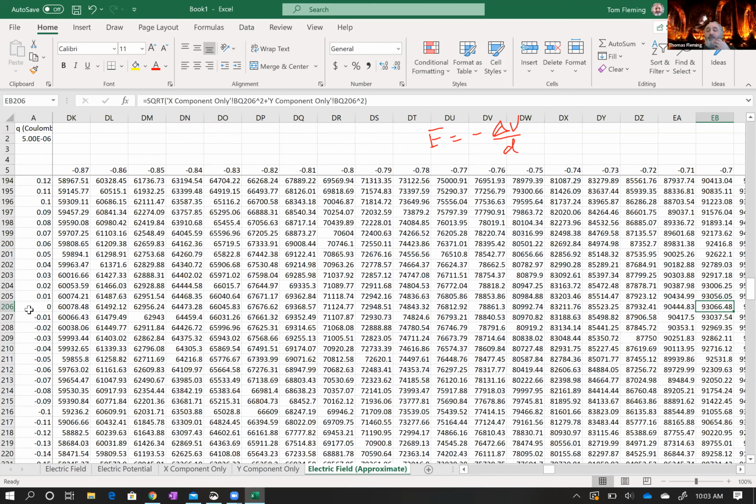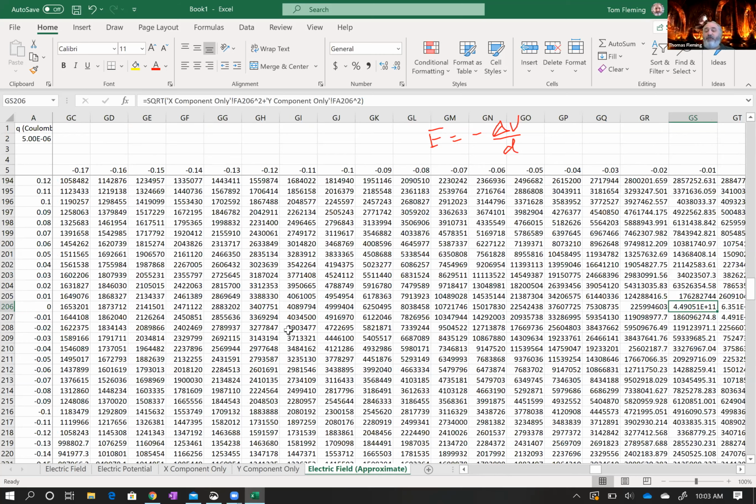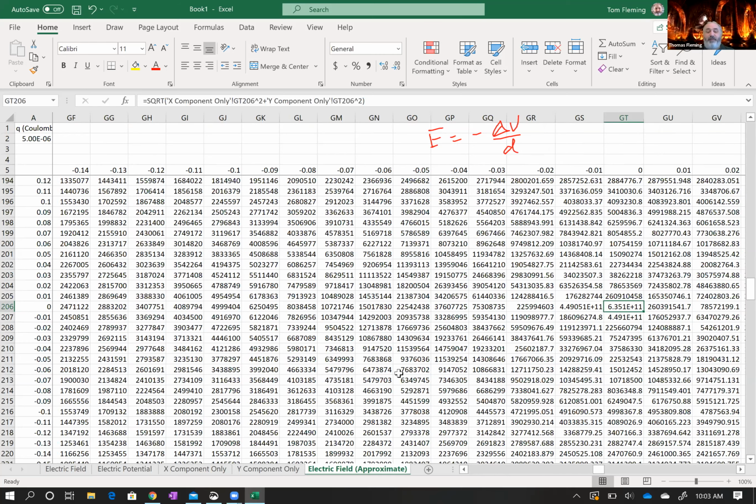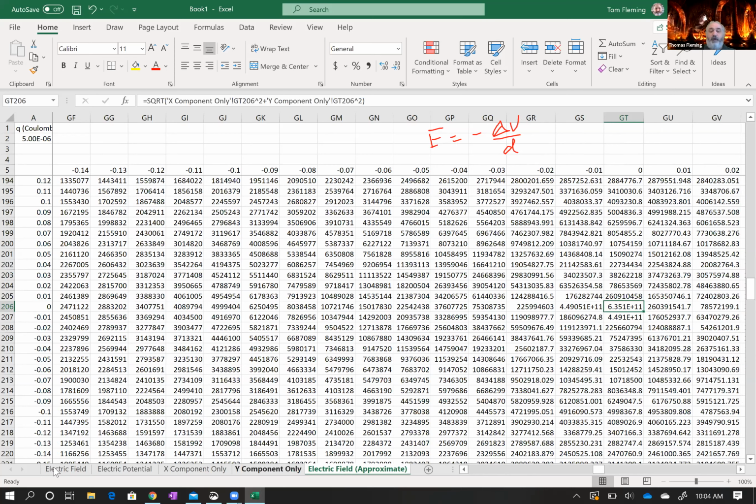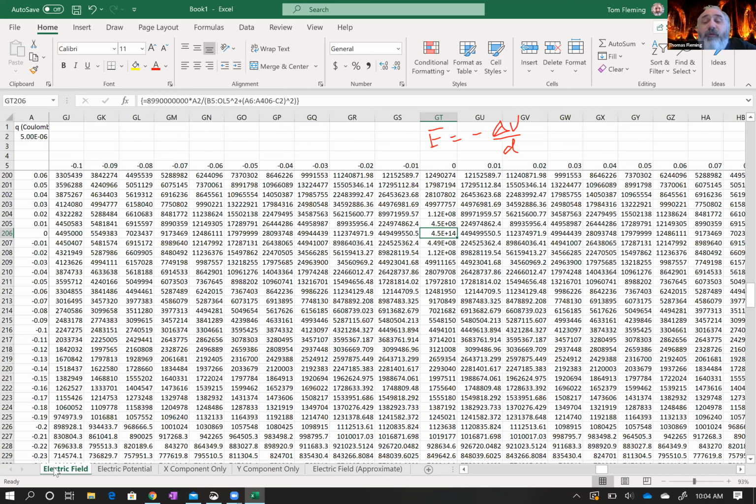Here's 0, 0. Yeah, that's 6.35 times 10 to the 11th. But when we did it the real way, it was 4.5 times 10 to the 14th. Well, 10 to the 14th is like 1,000 times larger than 10 to the 11th. It's not even remotely close.